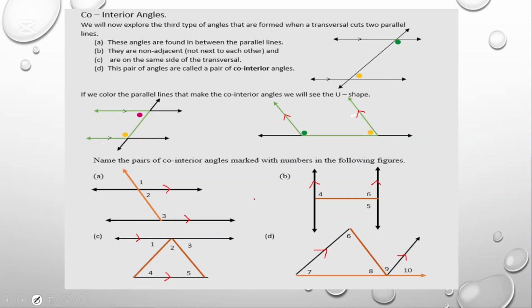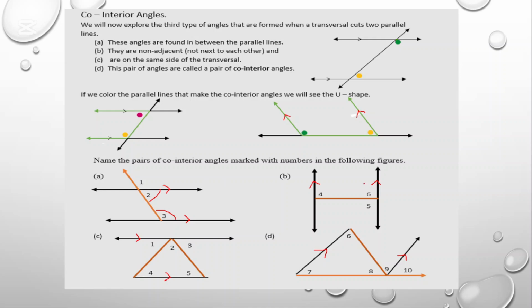Now I want you to name the pairs of co-interior angles marked with numbers in the following figures. So, from the parallel line to the transversal, in between the two parallel lines on the same side. They are co-interior angles.